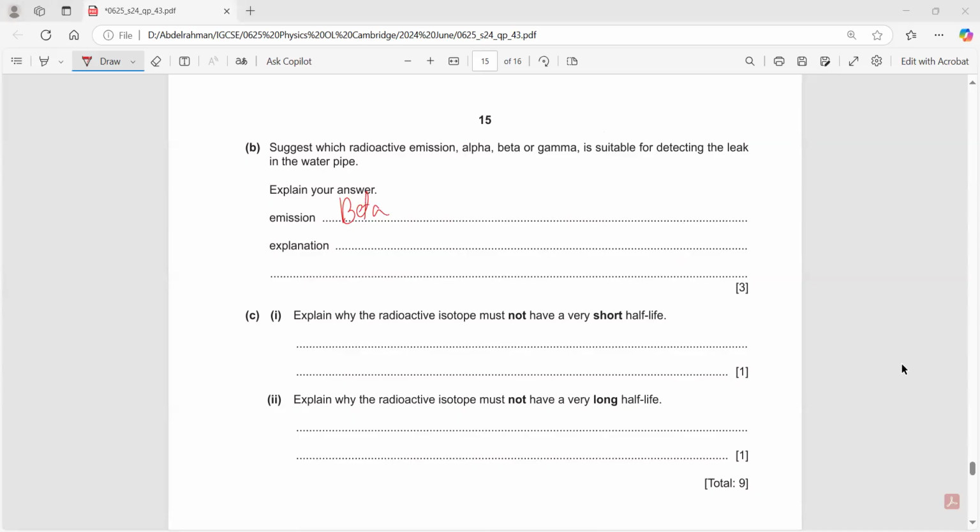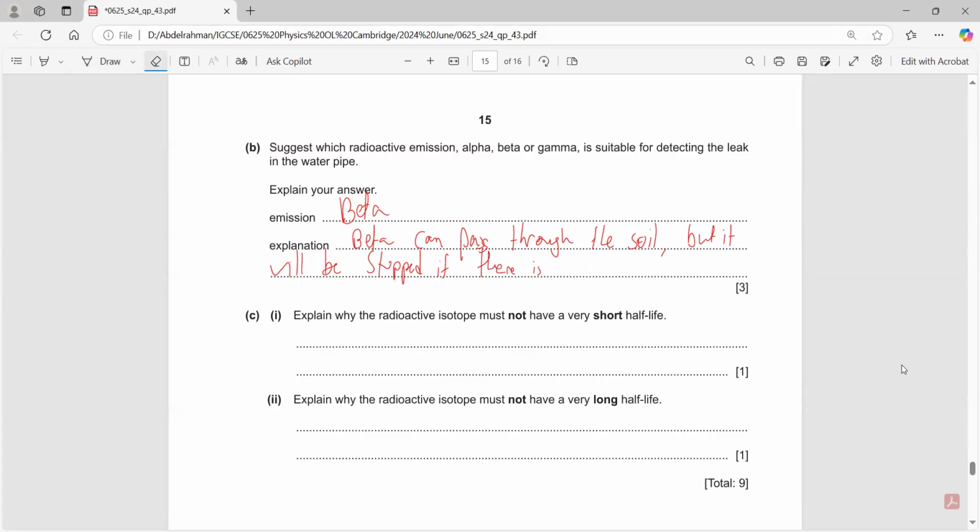For example, the water pipe is underground, so the beta can pass through the soil if there is a leak, if there is a crack in the pipe, but will be stopped if there is no crack.